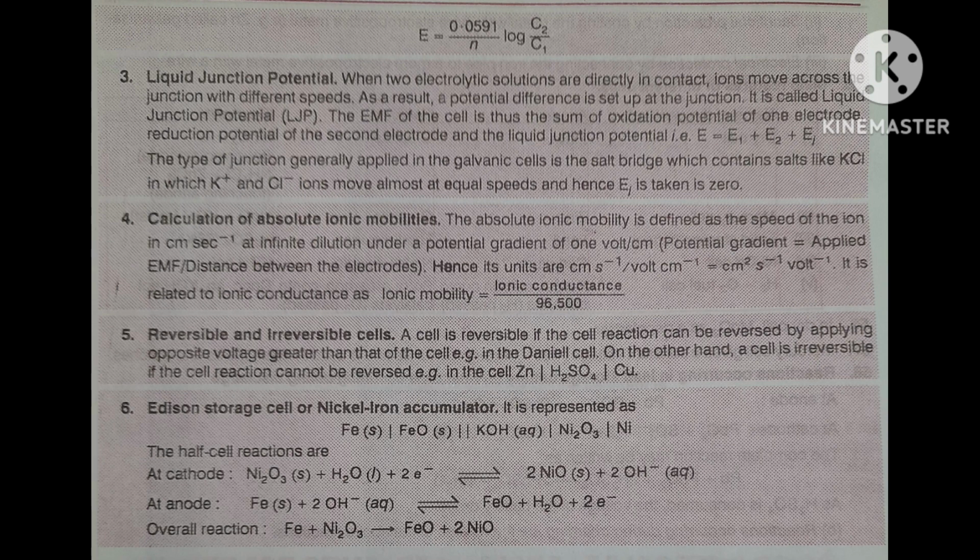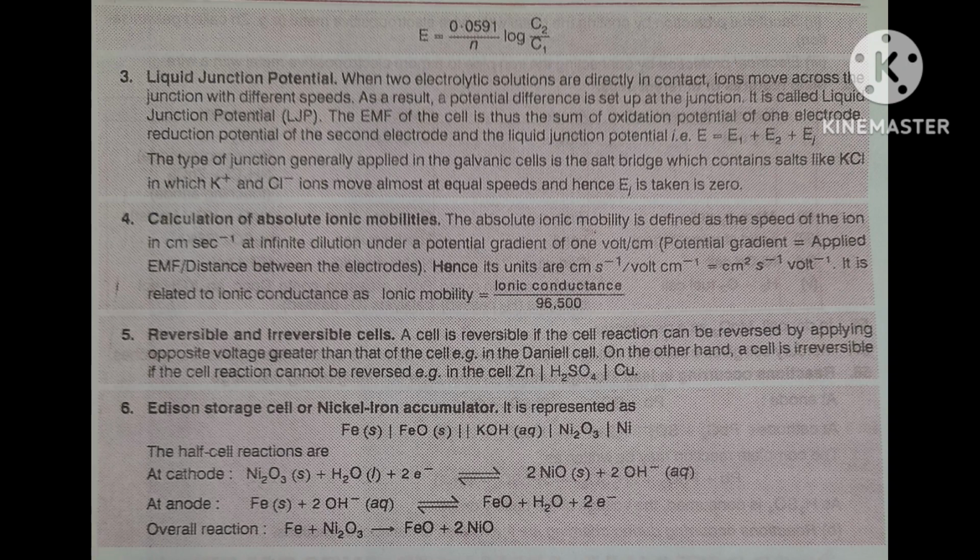And now who will take these 2 electrons? This will be taken by nickel. Then at cathode what reaction will take place? Ni2O3 is solid. Then Ni2O3 plus H2O, reaction will take place in aqueous, due to that H2O will be there.